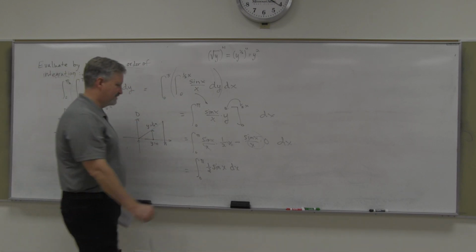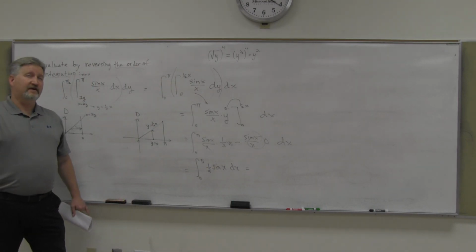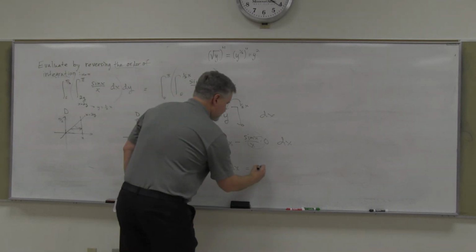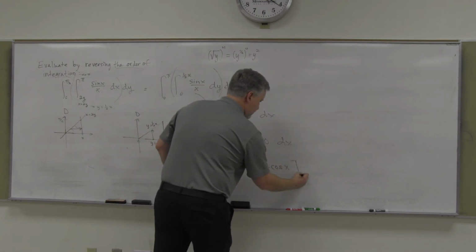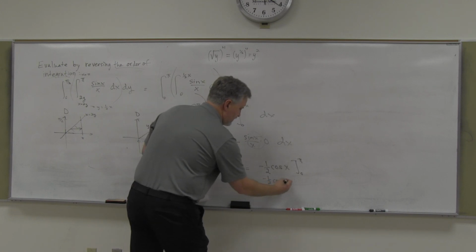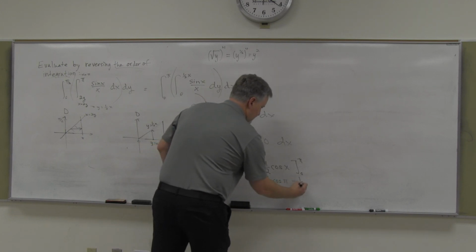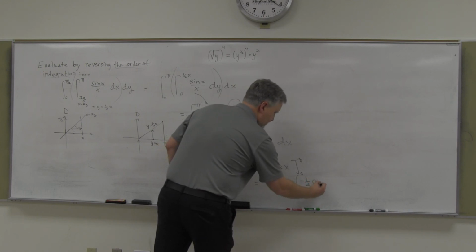In this case, the antiderivative of sine is negative cosine, so you get negative 1/2 cosine of x. Then we run that from 0 to pi. So I've got negative 1/2 cosine of pi, minus negative 1/2 cosine of 0.